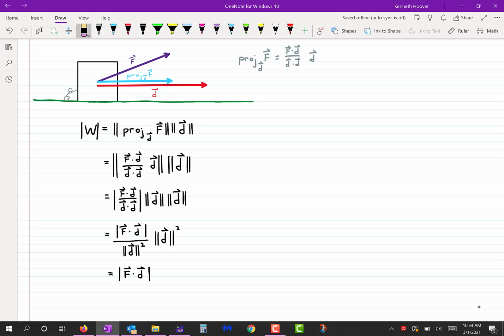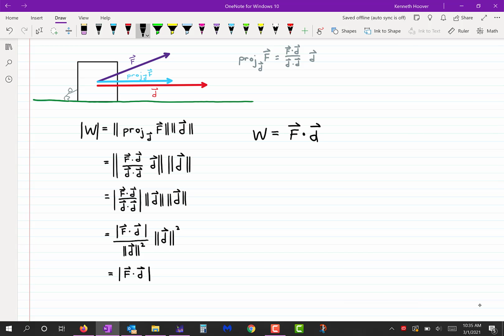So then you ask this question: if that's the absolute value of work, then what is actually the work? And the answer is, the work is F dot D. That's the work done. Okay? And that might be positive or negative.